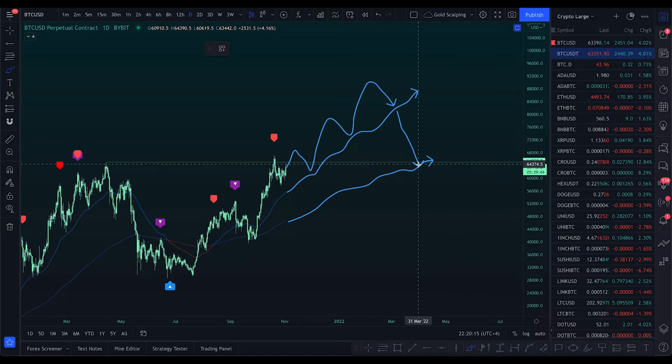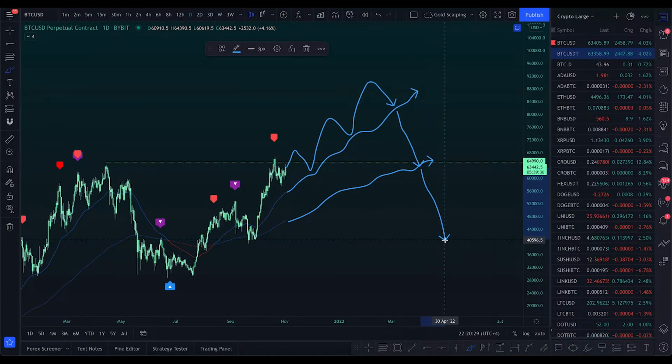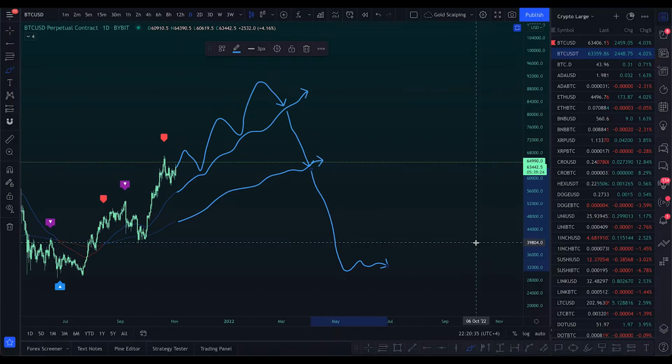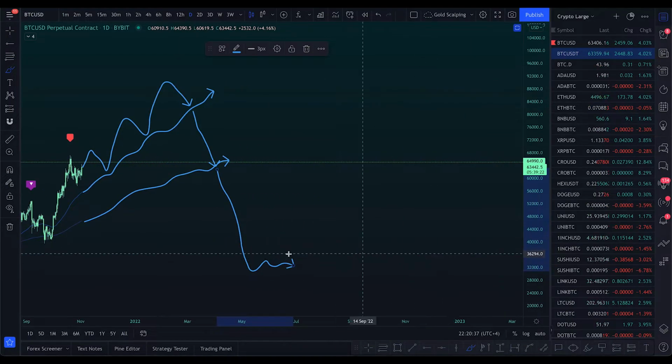If we fail to hold the 200 moving average at that point, and that's going to be like April 22. You see the dates down here? See the dates? April 2022. If we fail, probably we go lower. And if that's the bear market, fine, we're going to find some support here, I believe. That's what's going to happen in the very long term.